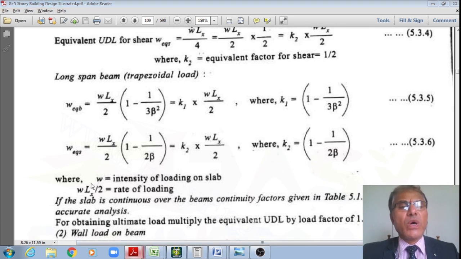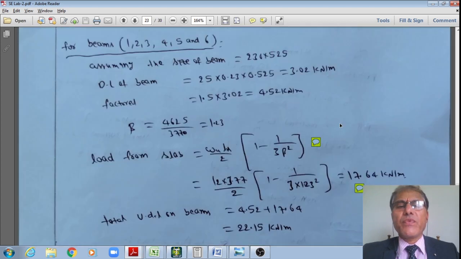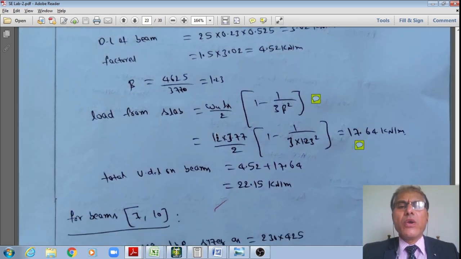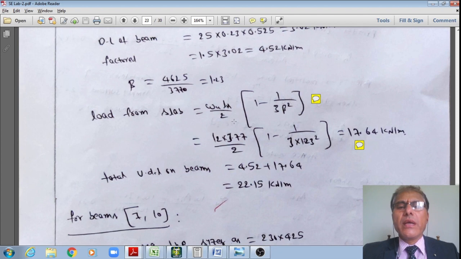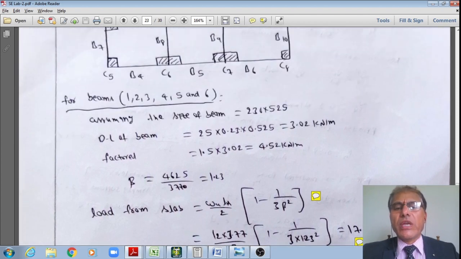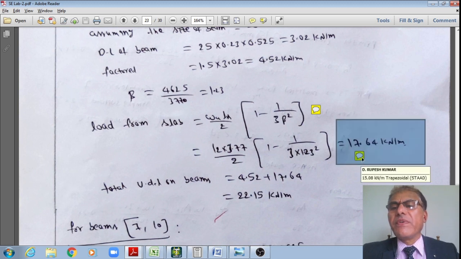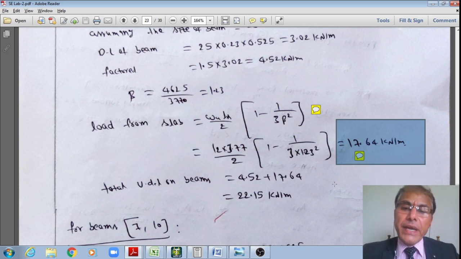Once I see this, now what I'll do is substitute into these. Hence, from page number 57 of SP24, I'll substitute. I already have the load Wu equal to 12 and Lx equal to 3.77, just now calculated in the previous subheading. Now I'll get 17.64 as the load from manual calculation for bending analysis.